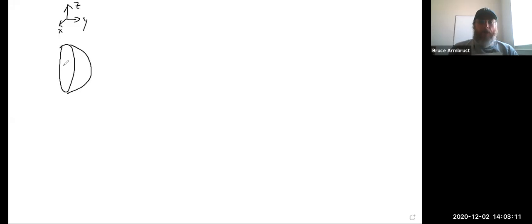Okay. So we've got outwardly pointing vectors, but if we close it off with that little bit there, now we can use the divergence theorem.